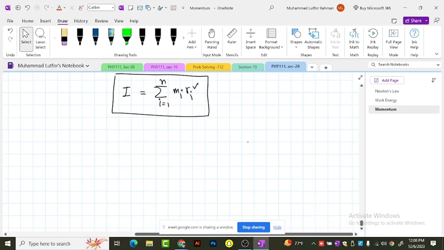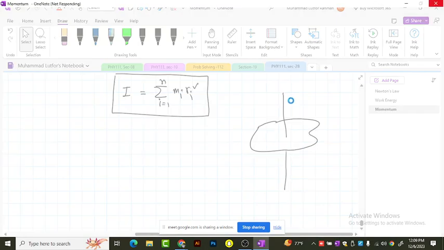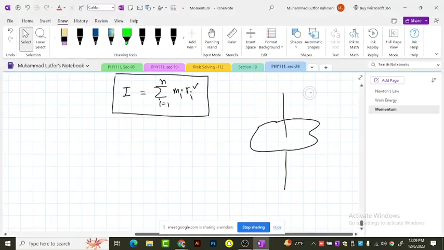But if I have a continuous mass distribution, let's say an arbitrary shape of object, and I want to find out the moment of inertia about any rotational axis, let's say I'm going to rotate about this axis, then how am I going to find out the moment of inertia for this type of object, a continuous mass distribution?